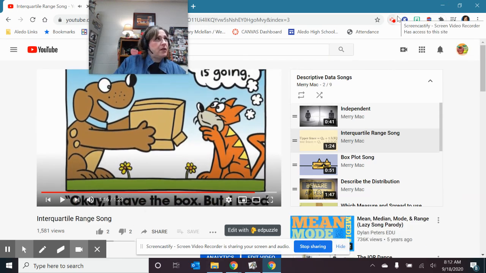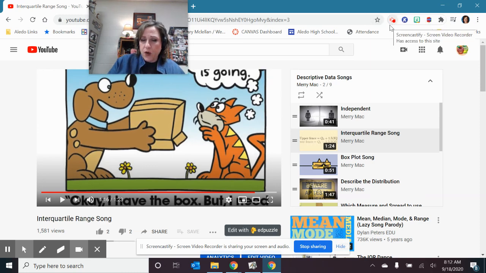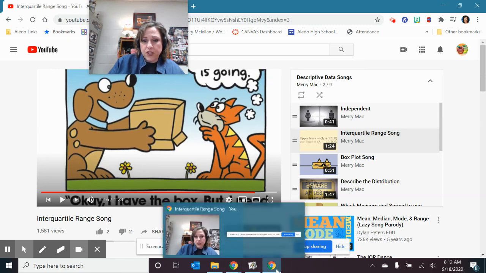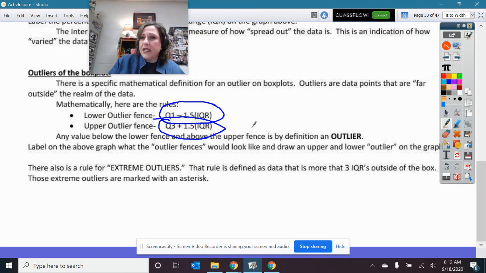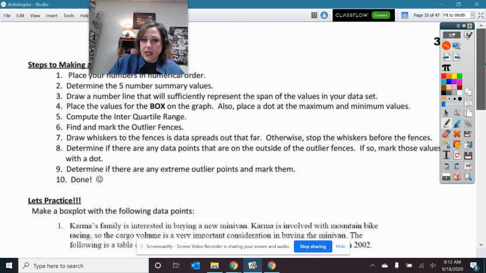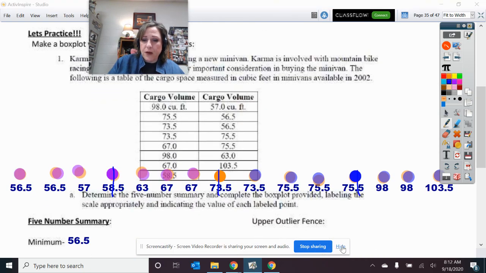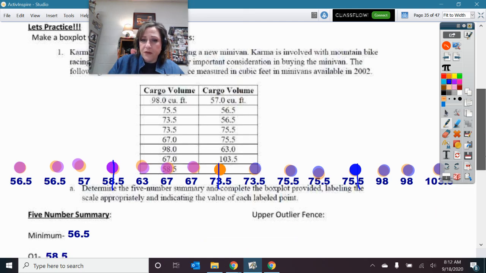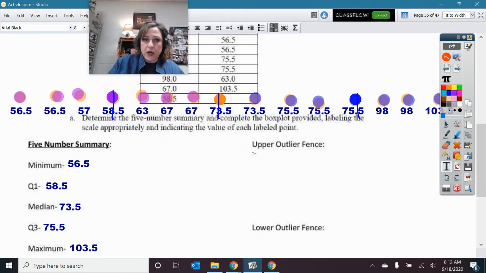Okay, I'm recording. So I'm just about done, and then I'll go on with that. I hope that you're able to hear that. I didn't look at that ahead of time to see if you were going to be able to. But anyway, let's go on over here and do that computing. I'm going to have you compute your upper fence, which is going to be your Q3 plus 1.5 times that IQR.